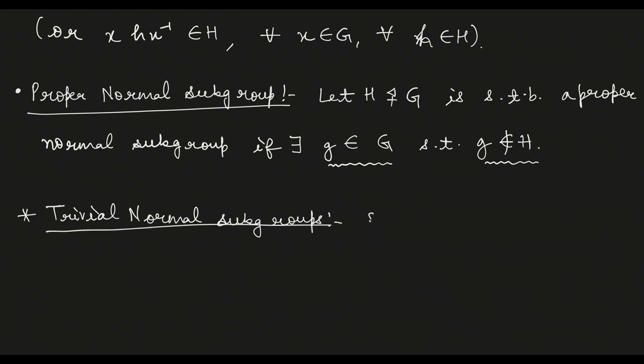Identity and group G itself are called trivial normal subgroups of a group G.